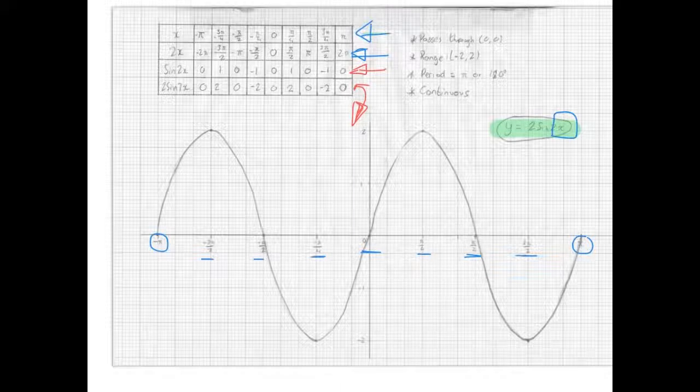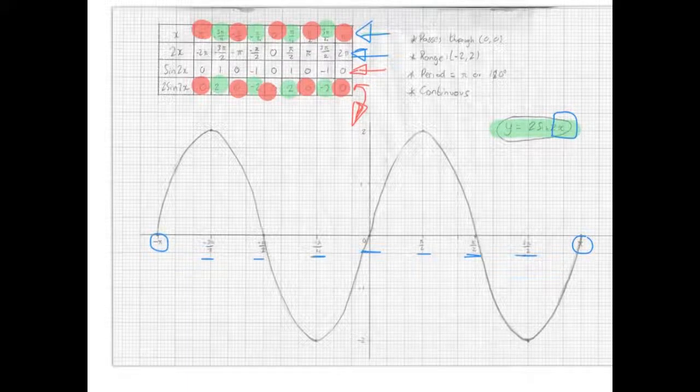So at minus pi, I have a value of 0. At minus 3 pi over 4, I have a value of 2. And so on throughout the rest of this table, the first and final rows being the ones I'm interested in.